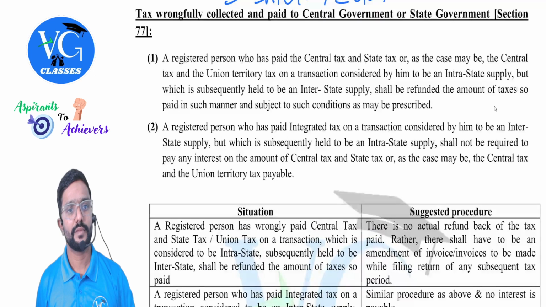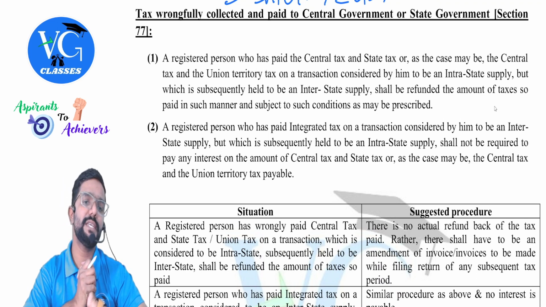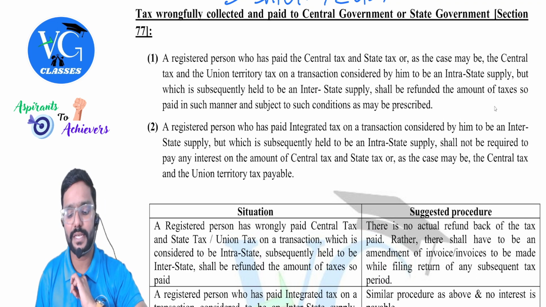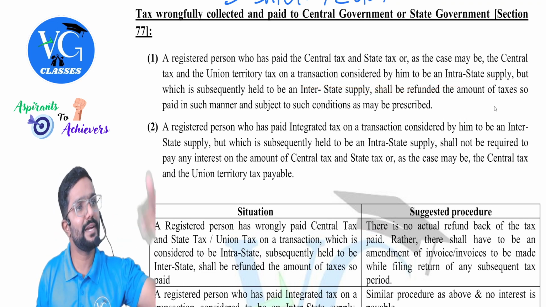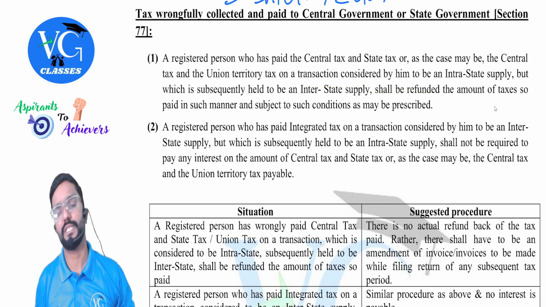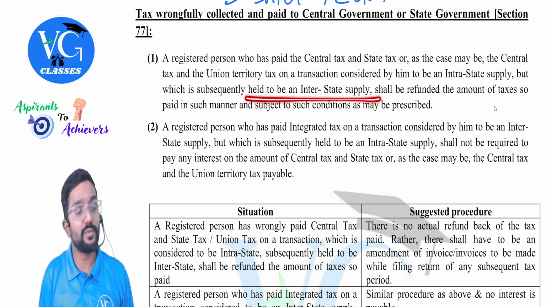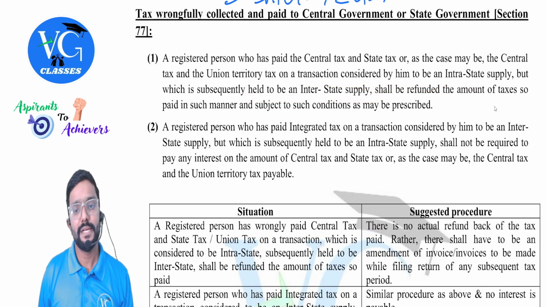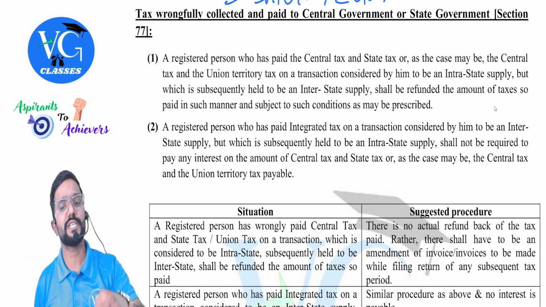Let us see. Tax wrongly collected and paid to the central government or state government. Subsection 1. A registered person who has paid central tax, that is CGST, and state tax, that is SGST, or as the case may be, CGST plus UTGST, on a transaction considered by him as intra, that is intrastate supply, but which is subsequently held as interstate supply, shall be refunded the amount of tax so paid in such manner and subject to such conditions as may be prescribed.